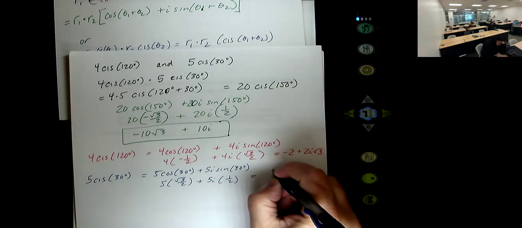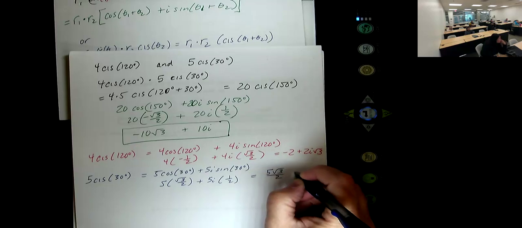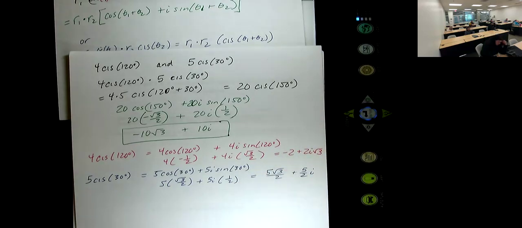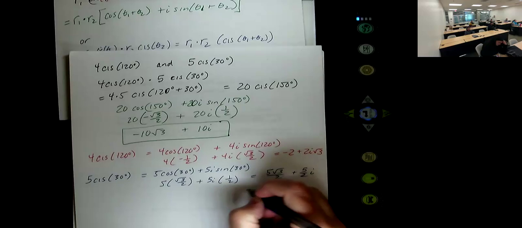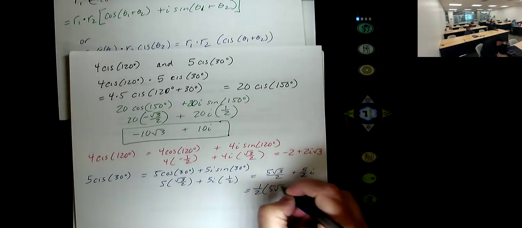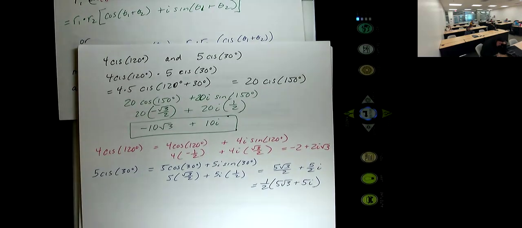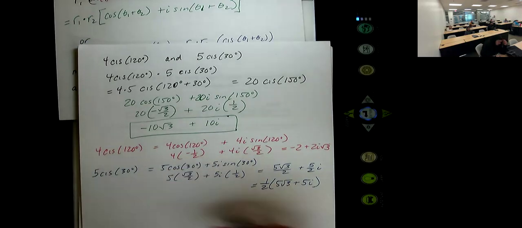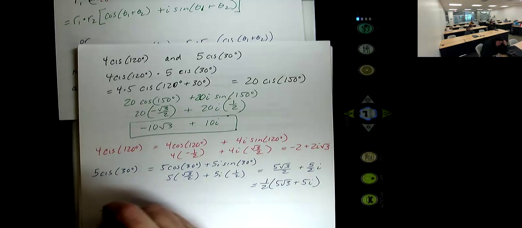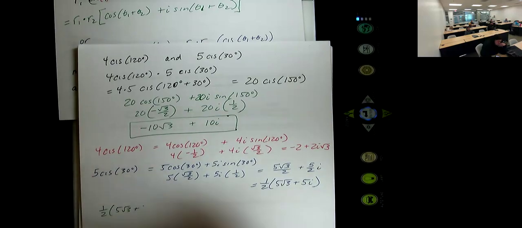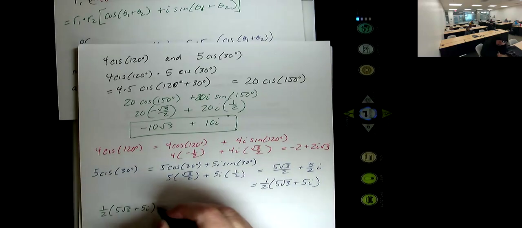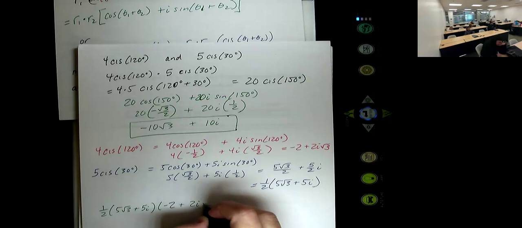This is ugly, which I'm going to write as 1/2 times (5√3 plus 5i), which will make it easier when I multiply these together. So I have 1/2 (5√3 plus 5i) times (-2 plus 2i√3).